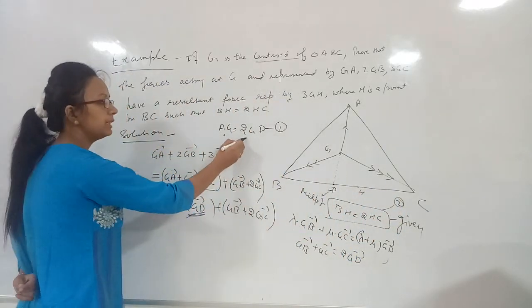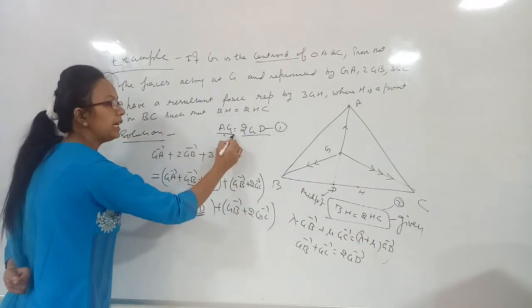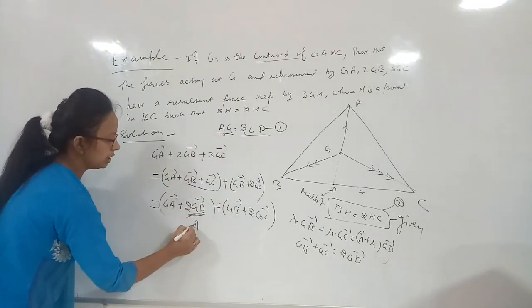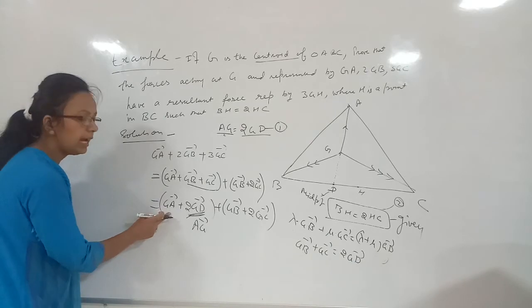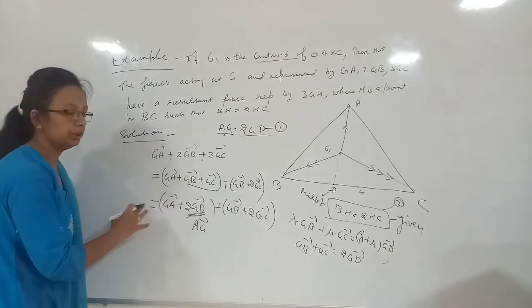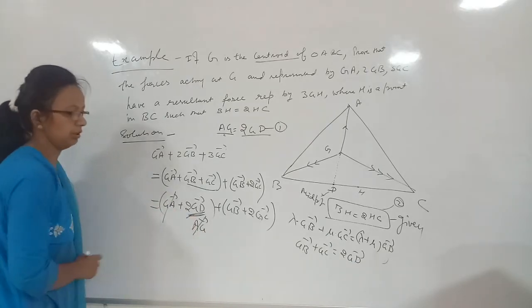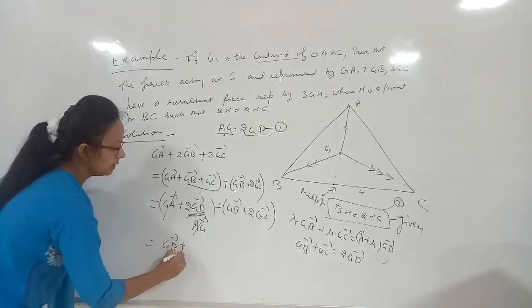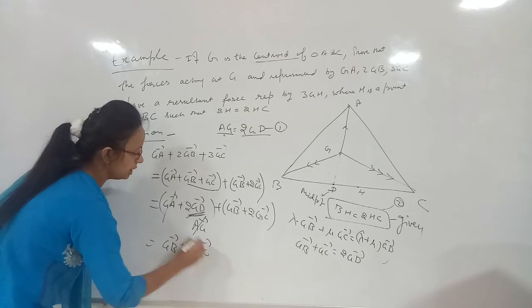Equation number 1 says that 2 times GD is equal to AG. So in place of 2GD we will write AG. Now GA and AG are equal and opposite, so they will cancel each other. So we have only this bracket, GB plus 2 times GC.